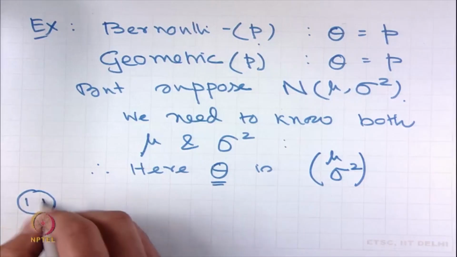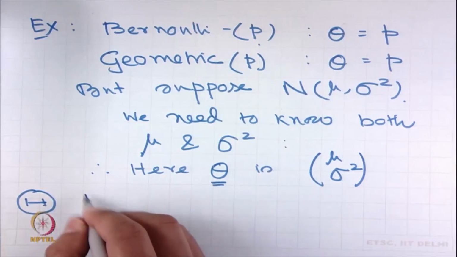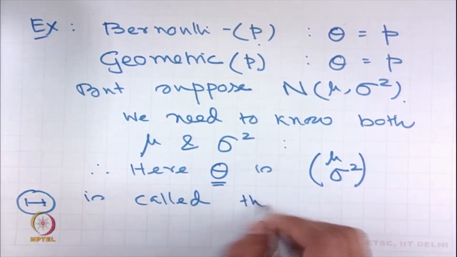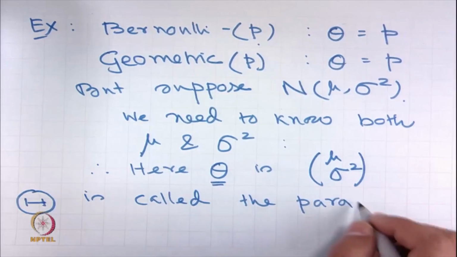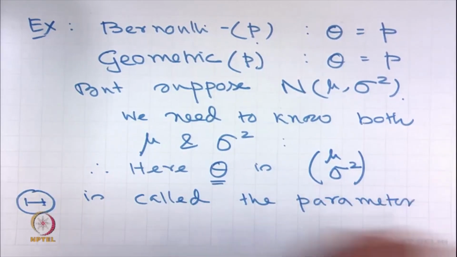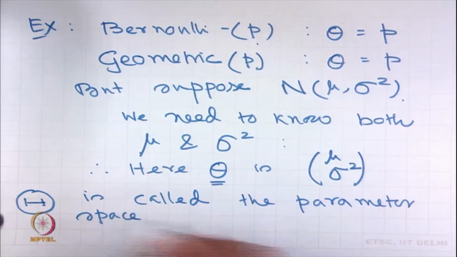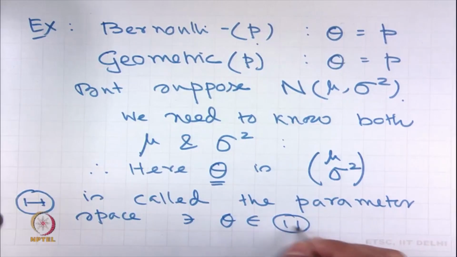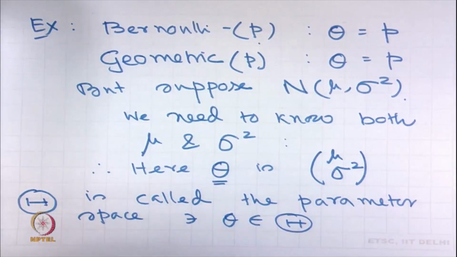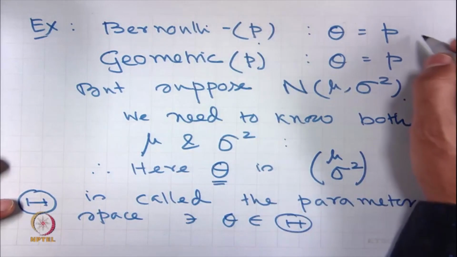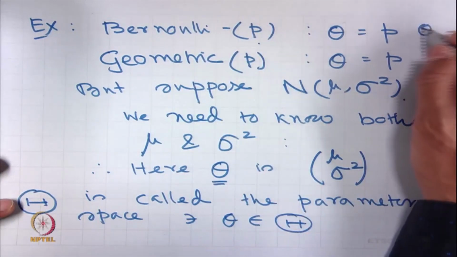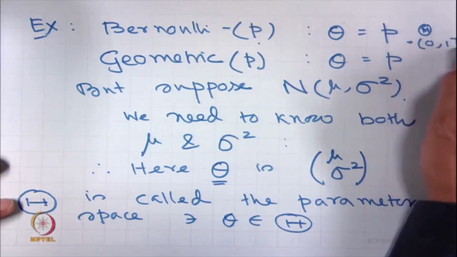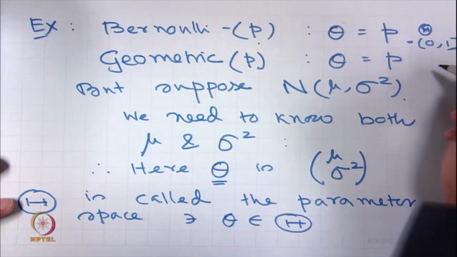You often find the term capital theta called the parameter space, such that theta can belong to capital theta. For example, when you are looking at p, the capital theta is 0 to 1 on the real line.